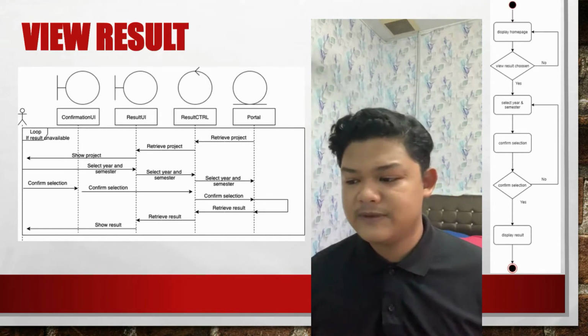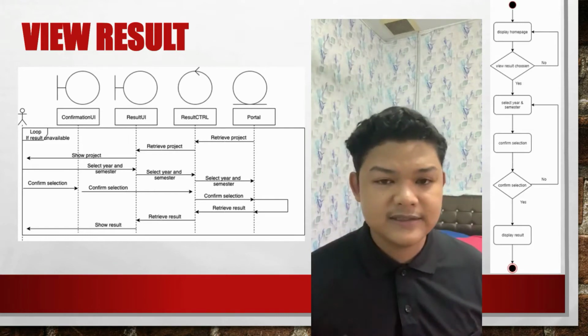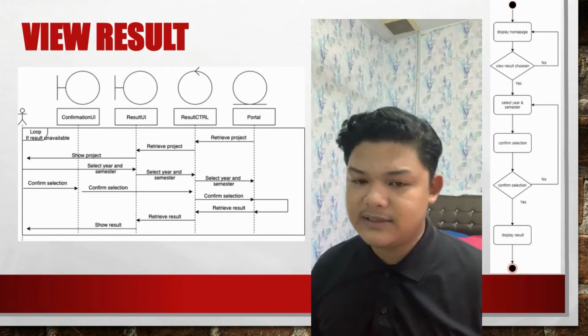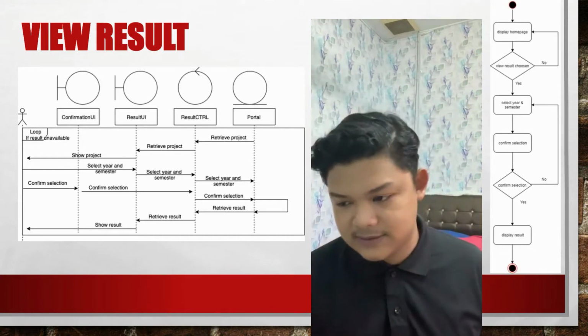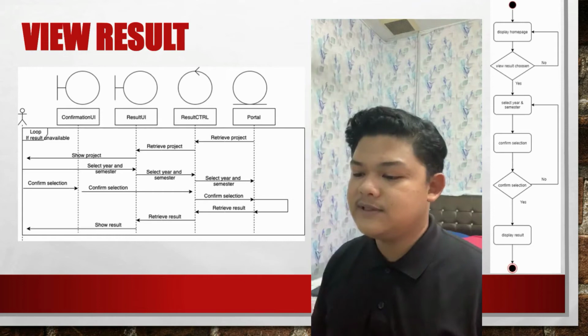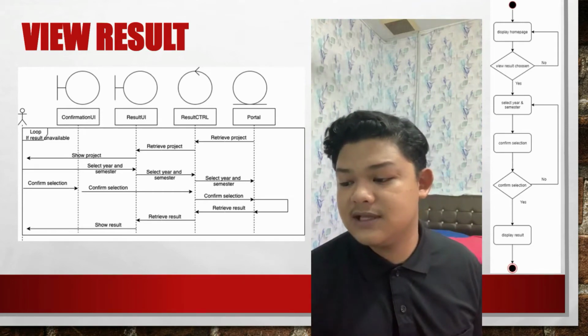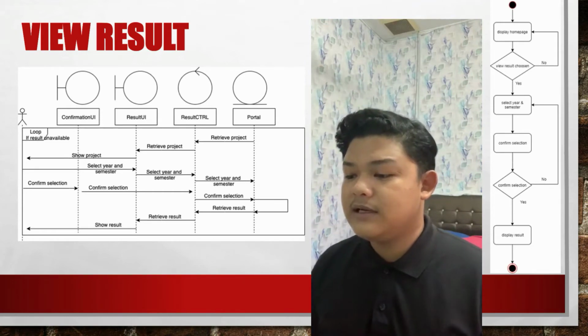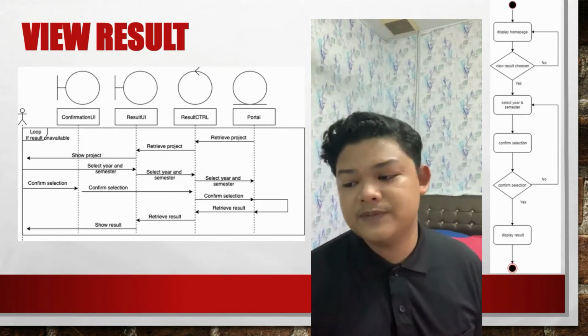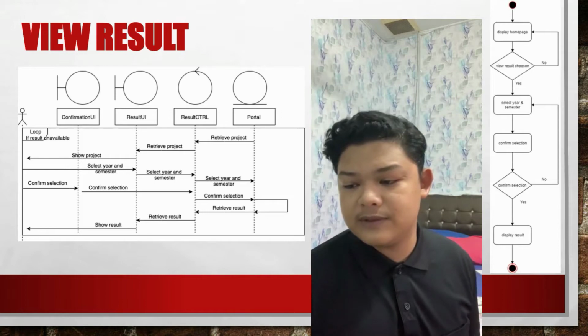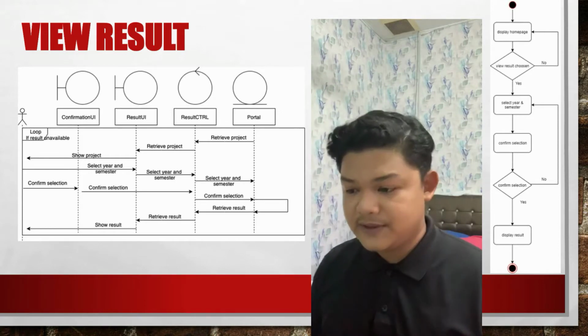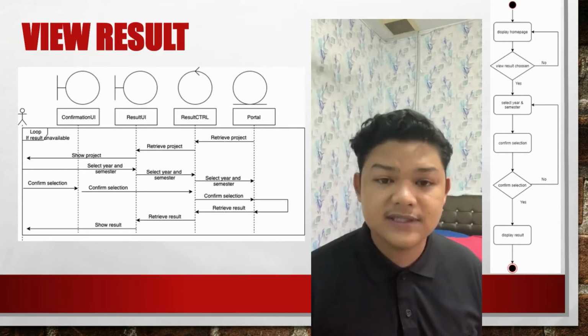After the confirmation, the system will then display the result of their project or examination, and then the use case ends. Okay, alternative flow for this case, if the user does not select to view the result, it will return to step 1. So if they do not want to view the result, they will go back to the main page, and the first condition is the result is displayed.